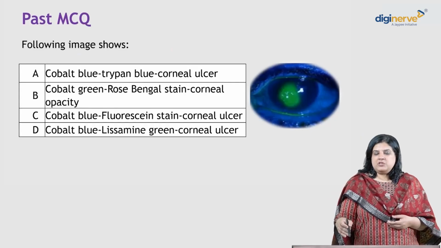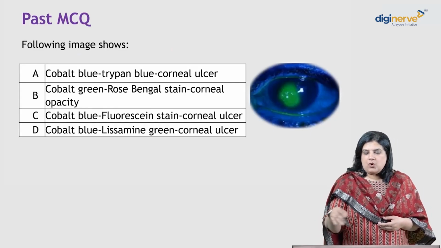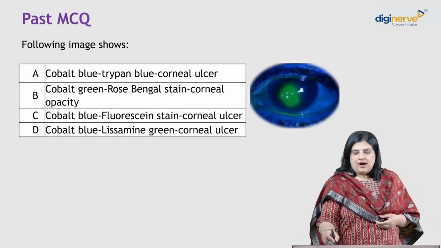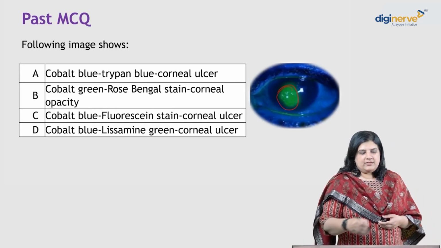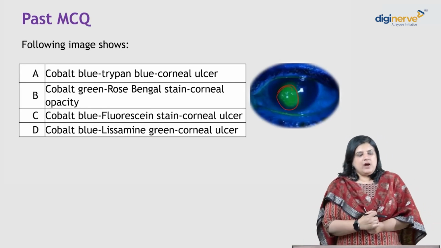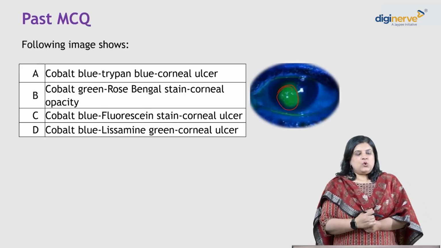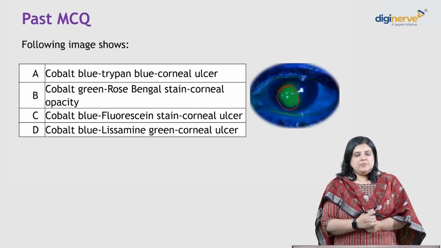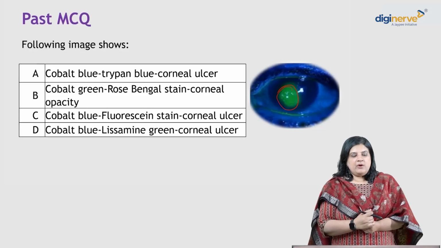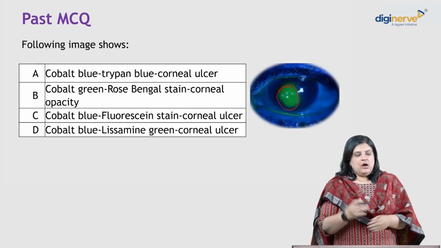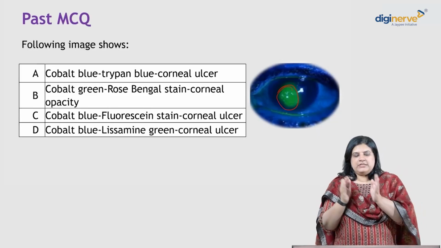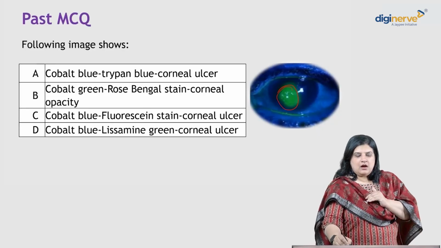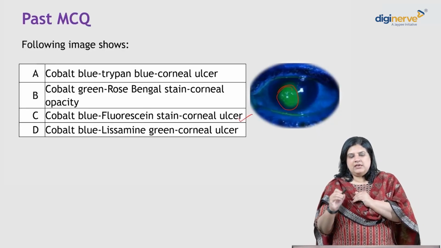Again, we are given an image-based question. You see a cobalt blue light with a large green stained area in the center of the cornea, and you are asked whether this is a cobalt blue trypan blue corneal ulcer, a cobalt green rose Bengal stain corneal opacity, a cobalt blue fluorescein stain corneal ulcer, or a cobalt blue lissamine green corneal ulcer.